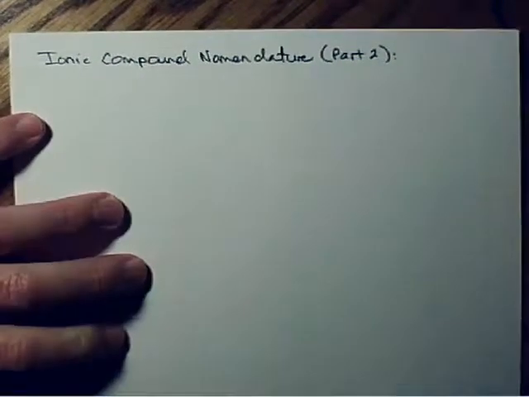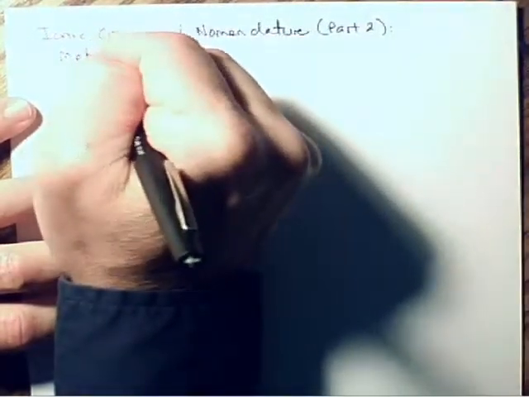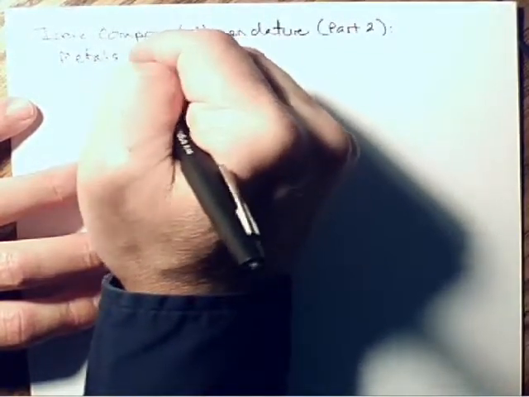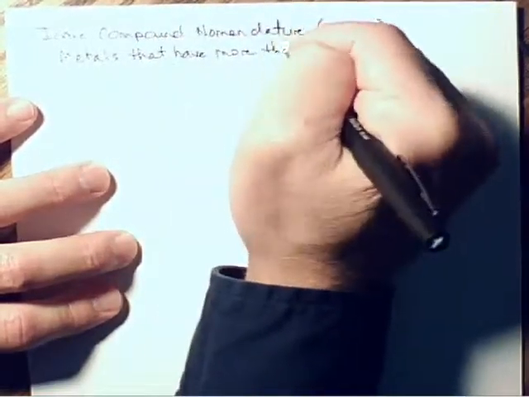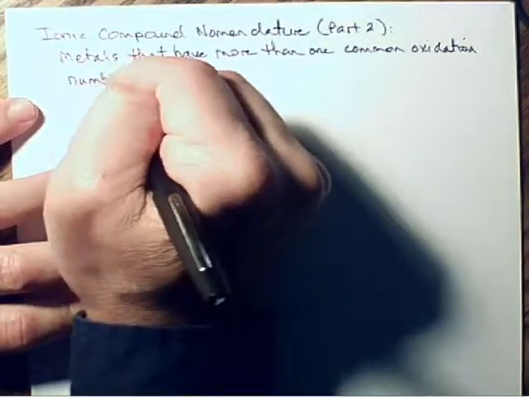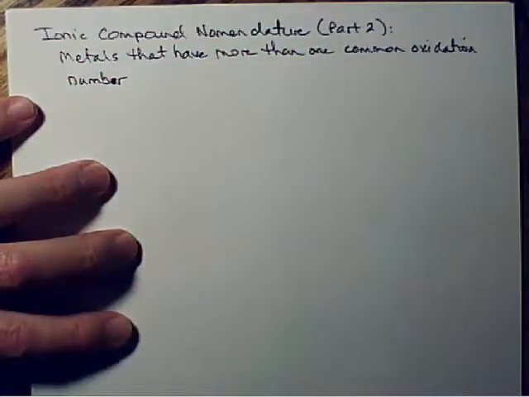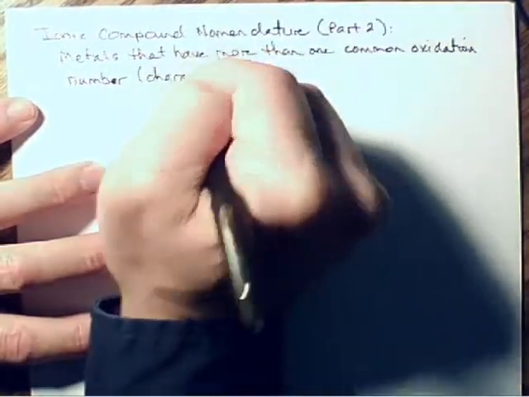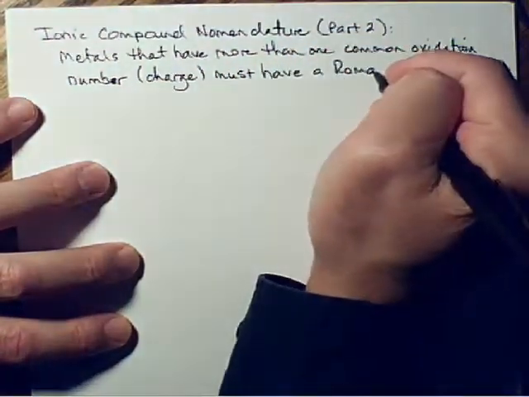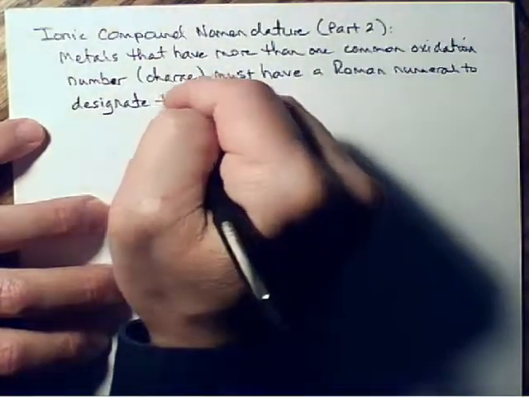Part 2. So metals that have more than one common oxidation number, and for ions, the oxidation number is the charge number, must have a Roman numeral to designate the charge.